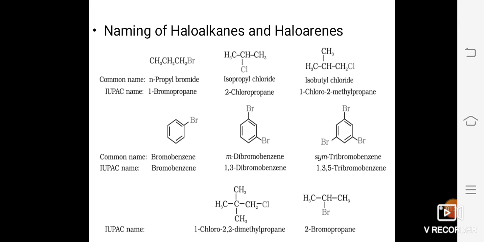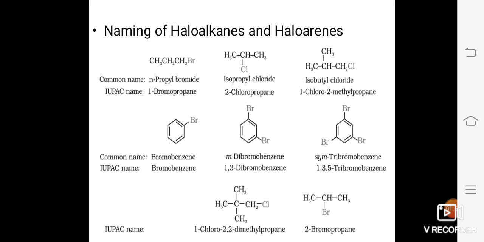The common name is isopropyl chloride. Iso means branching, and one of the hydrogen atoms is replaced by a halogen. The halogen is chloride, hence isopropyl chloride, and the IUPAC name is 2-chloropropane.